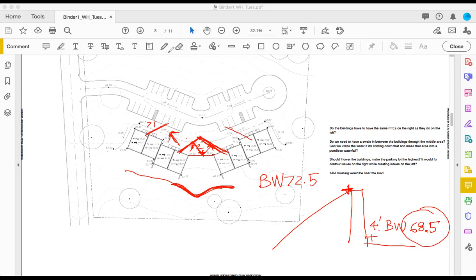You'll need to base that upon the first original contour that you don't have to move, and then you try to create a uniform slope between the two buildings.